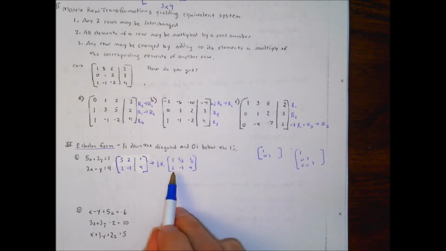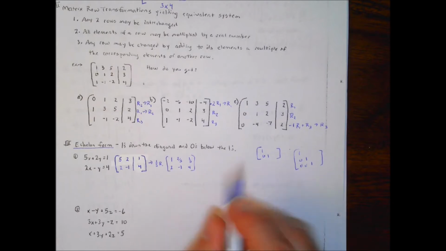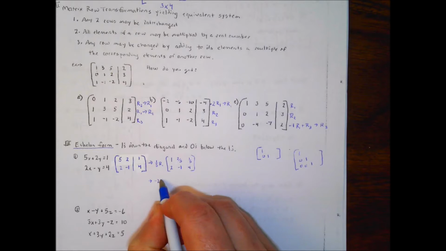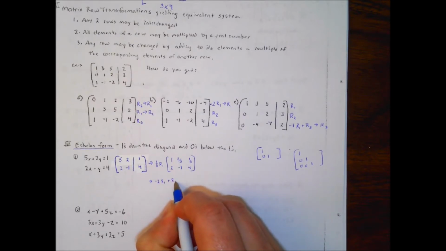Okay, now we want this one to be a 0 here, right? So how can I get this to be a 0? What I can do is take -2 times row 1 and then add it to row 2.